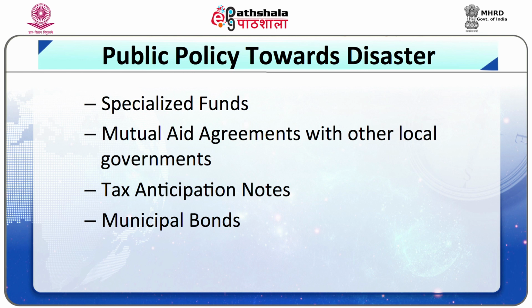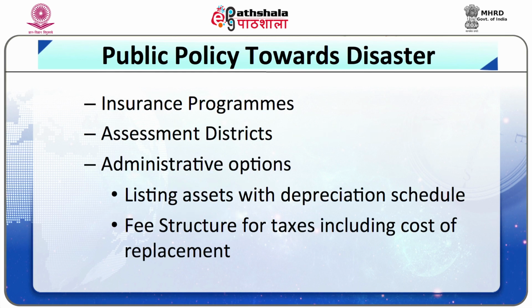Municipal bonds or debt security issued by local administration to finance certain planned investment. Insurance program. For example, in the US, the National Flood Insurance Program 1968 identifies flood-prone areas and subsidizes flood insurance to property owners in these areas, while floodplain regulations were a responsibility of the local government.